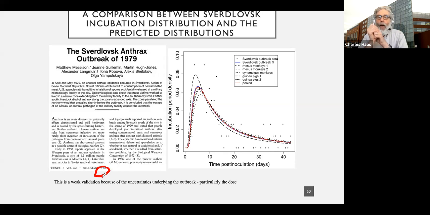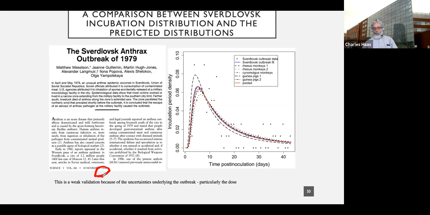From the outbreak data, those are the days after the incident, which appears to be an inadvertent release from a biological warfare laboratory in Sverdlovsk, and the distribution of times that people became ill. We don't really know the denominator, but we can nondimensionalize by the total number of illnesses to get our distribution.